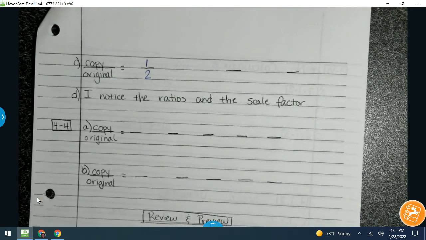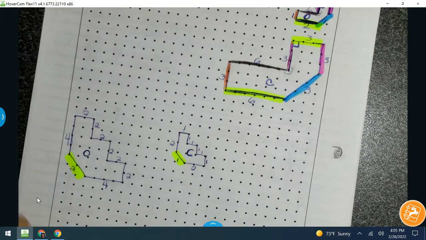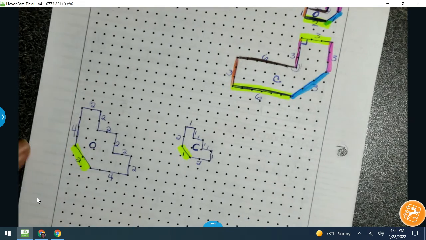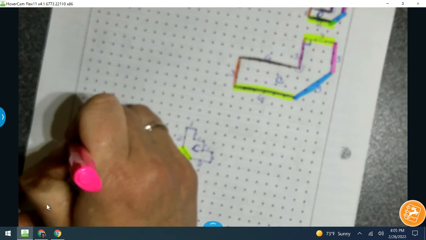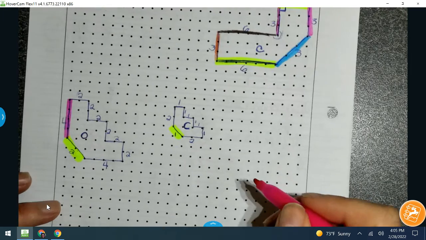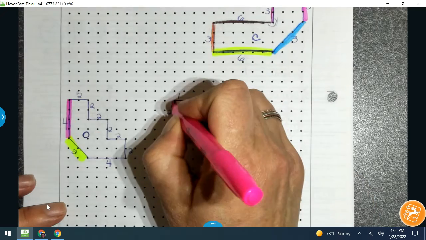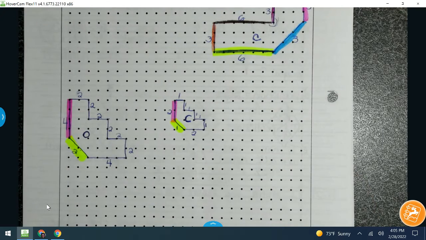Okay. Now I'm going to find another side. I have 4 on my original and 2 on my copy.